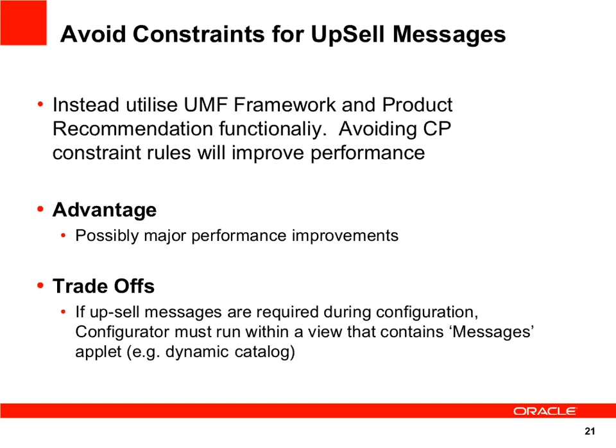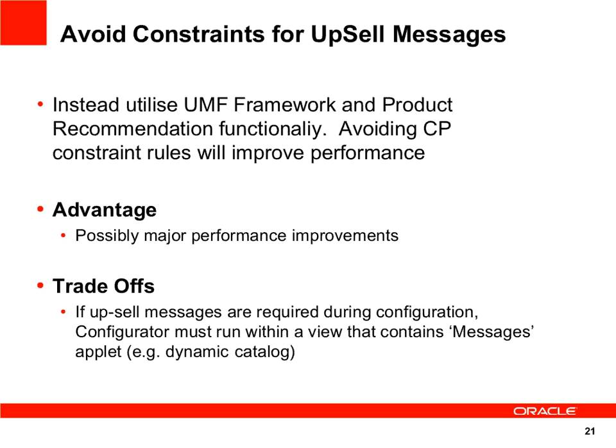Avoid constraints for upsell messages. That's actually something which came from the days before 7.8. In 7.8 we created a new framework, UMF, Unified Messaging Framework, and we added the product recommendation functionality. But before, a lot of users tried to write upsell messages by additional constraint rules on the product model.